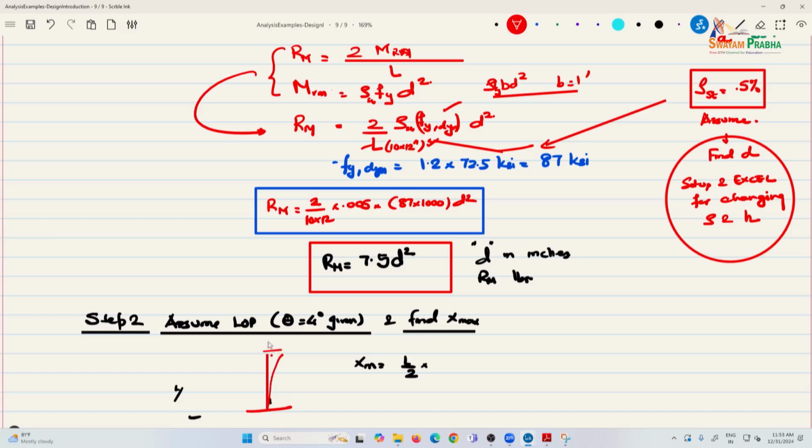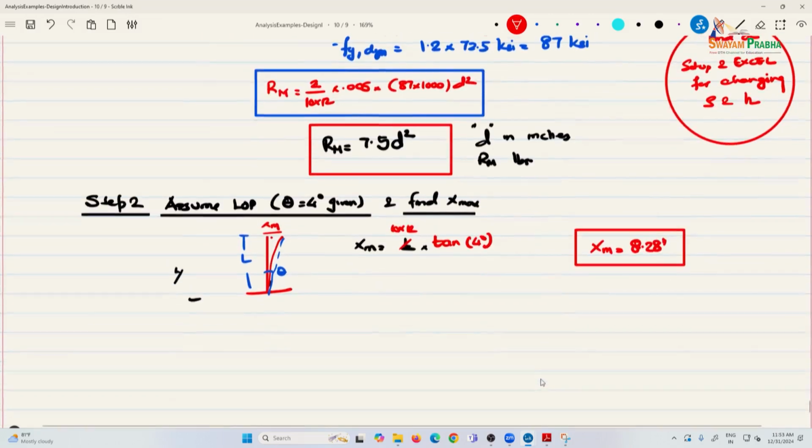So this is xm and you have here L and that is your theta. So xm is, you will not have the 2 here, L tangent of theta. So L is 10 feet. So you get xm maximum equal to 8.28 inches.